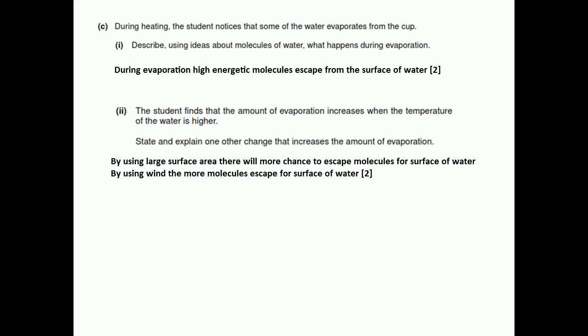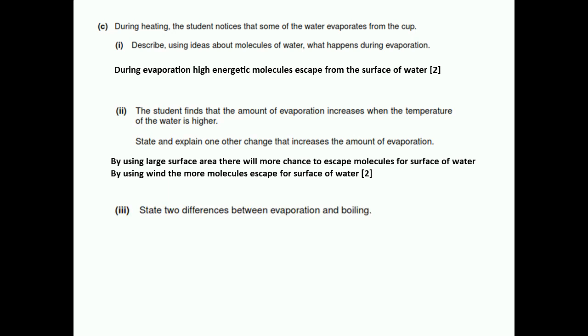They have mentioned temperature in the question, but evaporation also depends on the surface area, humidity and wind. So the answer is that with a large surface area, there is more chance for molecules to escape from the surface of water. By using fast wind, more molecules escape from the surface of water.